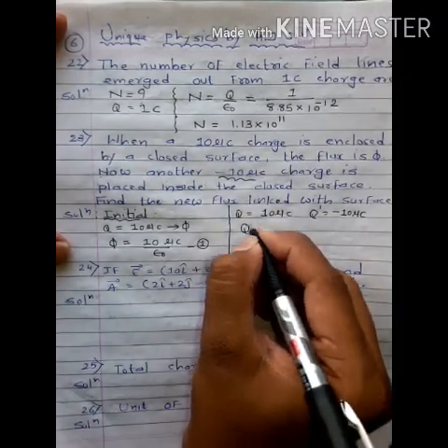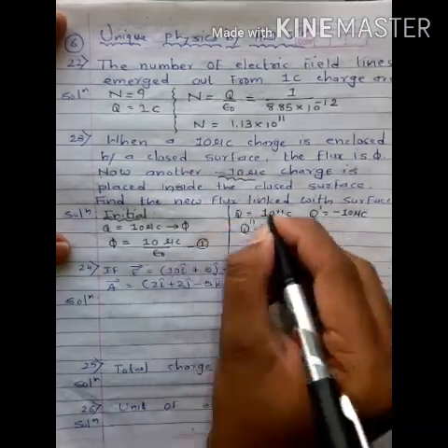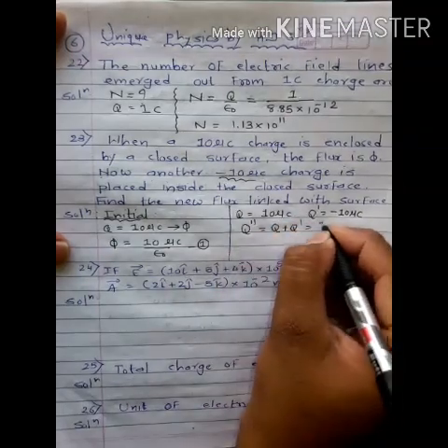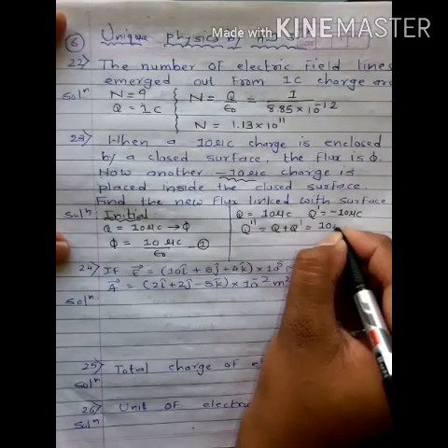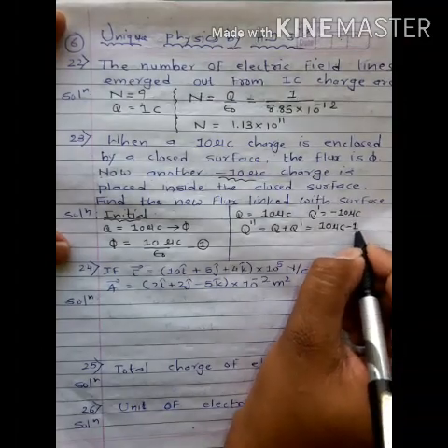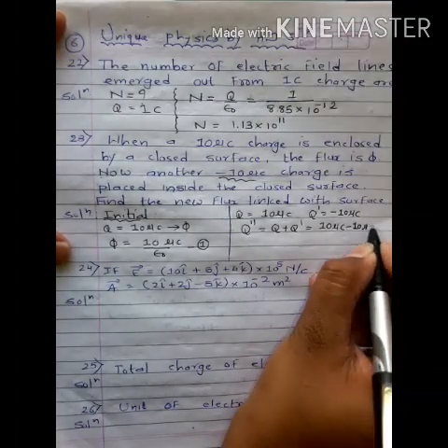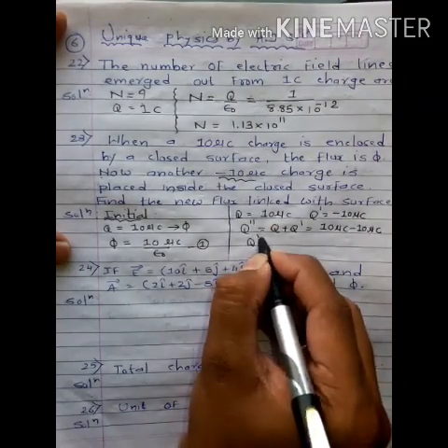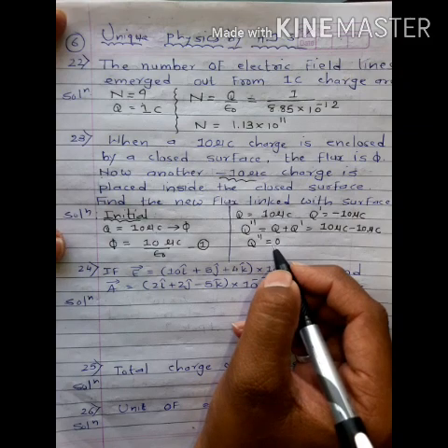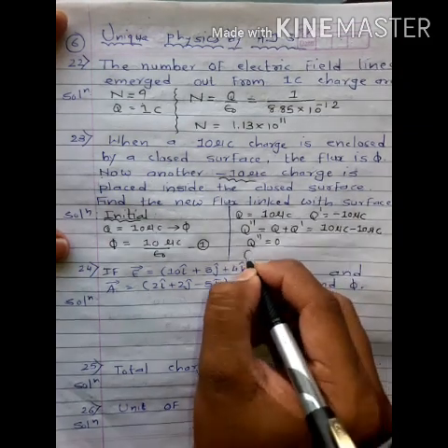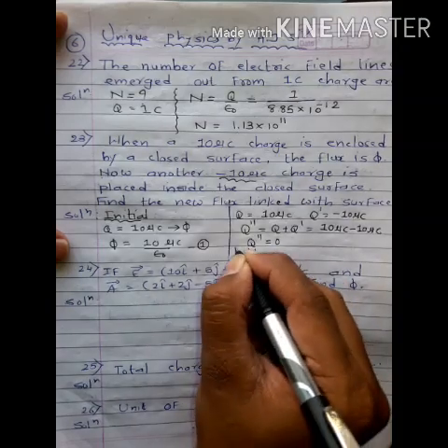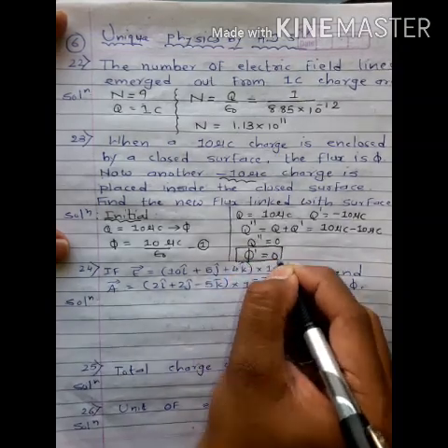Suppose the net charge is Q double dash. So Q double dash is equal to Q plus Q dash. We have Q as 10 microcoulomb and Q dash as minus 10 microcoulomb. So our answer is 0. So total charge inside the closed surface is 0. Therefore the total flux, new flux phi dash, is also 0.